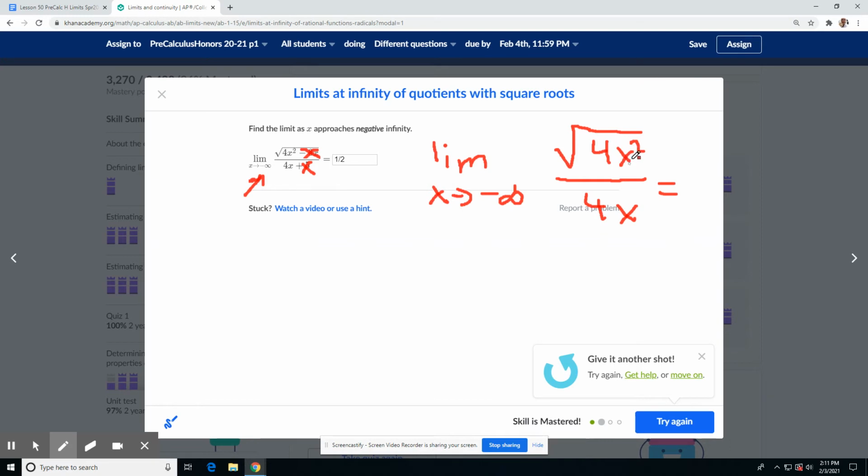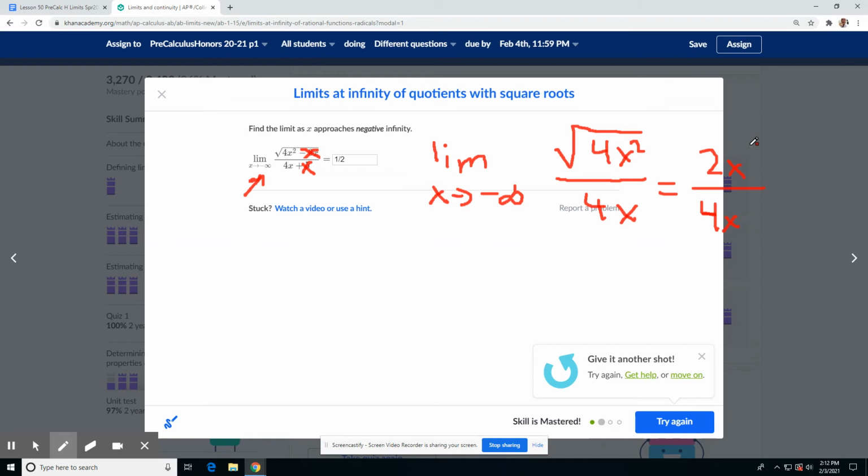So as we go to negative infinity, this will always be positive. That's the key. X squared will always be positive. And the 4 will kind of just pair up with the square root. The bottom, though, negative infinity means this is negative, always negative. So I got basically like a negative, I'll just do 4x. And this is always positive on the top. So that would be 2x.